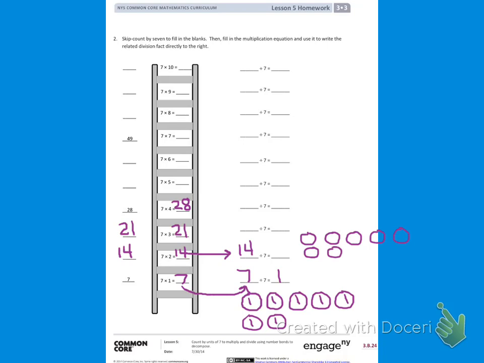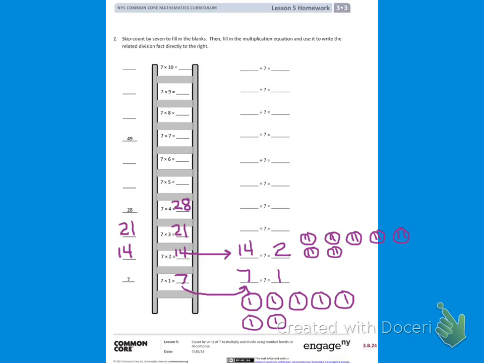Now let me put my 14 items. 1, 2, 3, 4, 5, 6, 7, 8, 9, 10, 11, 12, 13, 14. So how many items are in each group? 2.